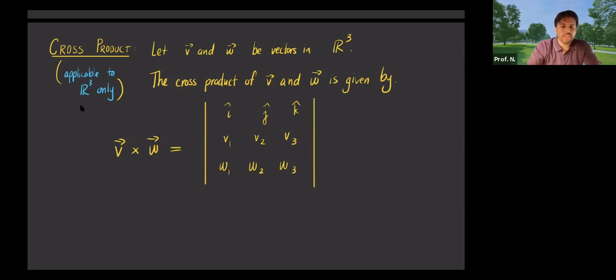So it's the determinant of this matrix where the first row are the symbols for the standard basis vectors, which is i, j, k. We talked about i, j, k being e1, e2, e3, right? And then the second row consists of the entries of the vector V, which is the first vector here. And the third row is the entries of the second vector W that we have here.